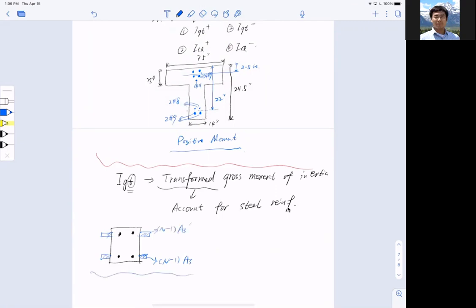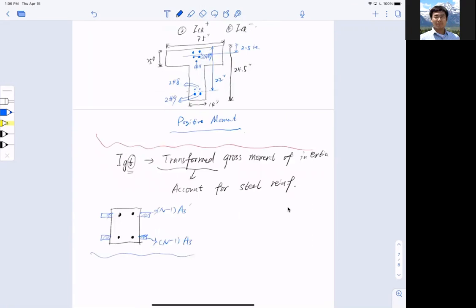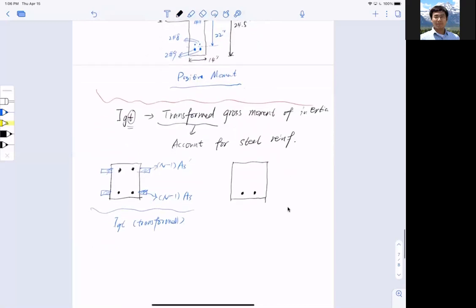Now after you get this, you get I_GT, and I_GT means transformed. But on the other hand, if you have a section and although I have reinforcement in it, and you might see this from other codes and literature online, some people say I_G, and actually in the homework this also appears.